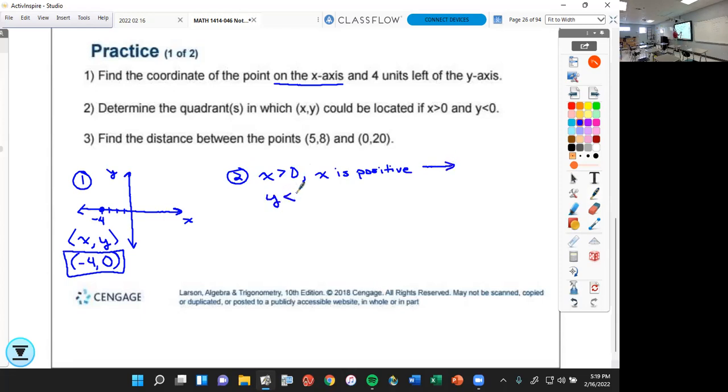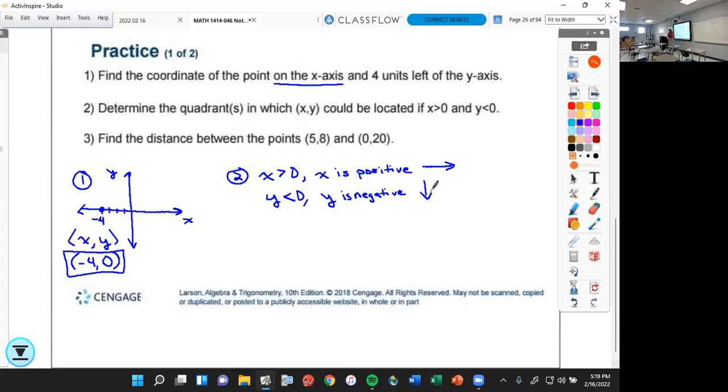If y is less than 0, that means that y is negative, and y is a vertical displacement, so negative means we're moving down.